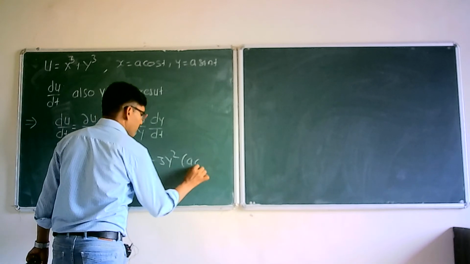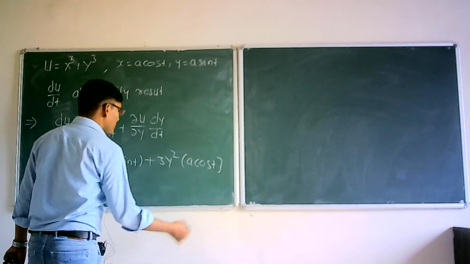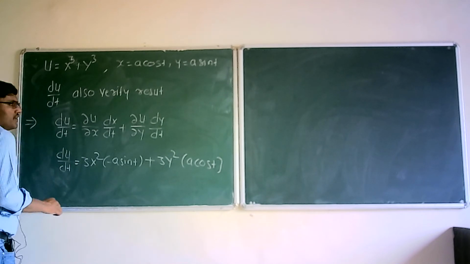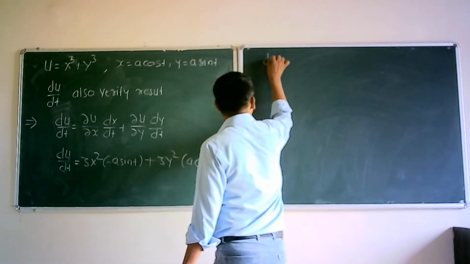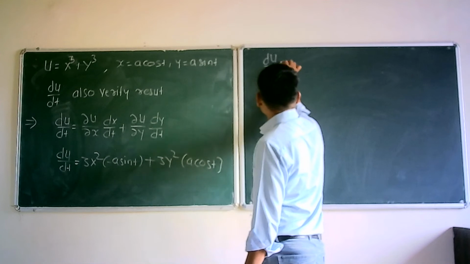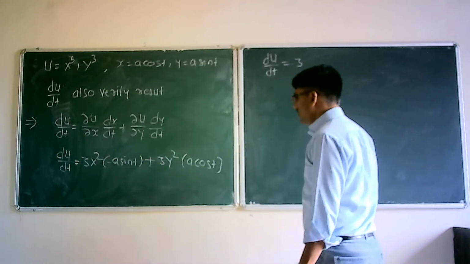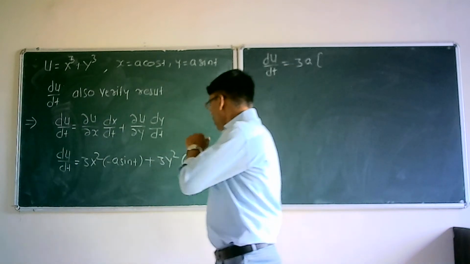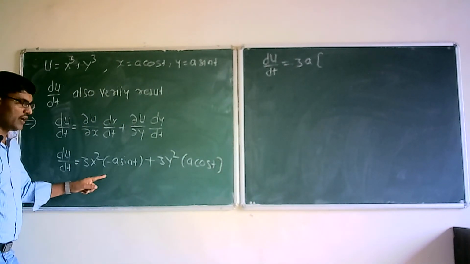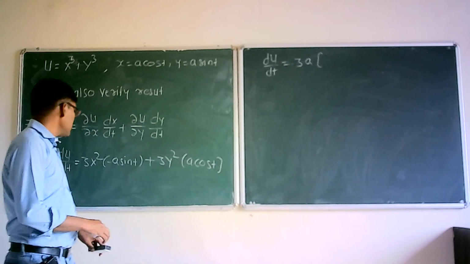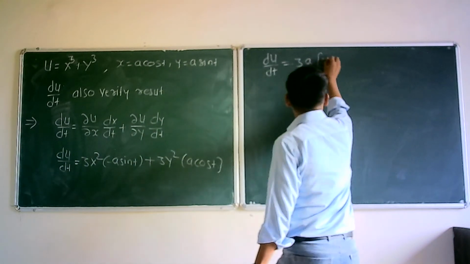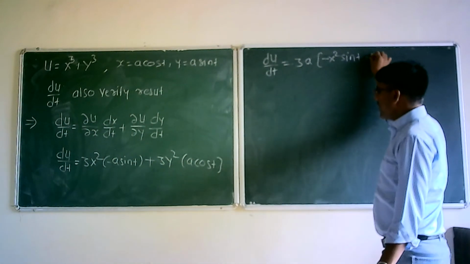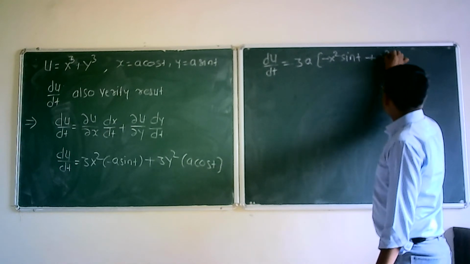a cos t. So if you simplify this, you can take 3 outside. So du by dt is equal to 3 times, and you can also take one a outside. So it is minus x square sin t plus y square cos t.